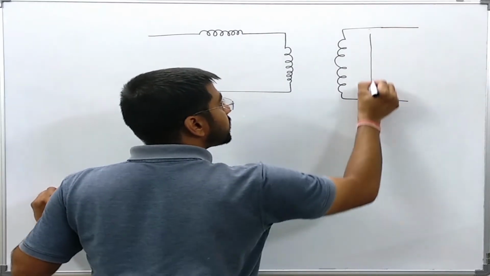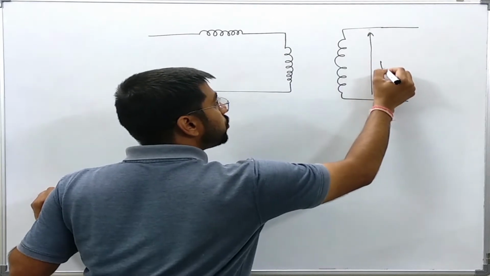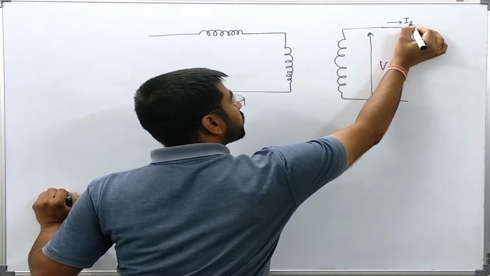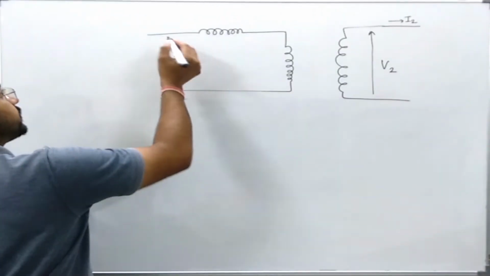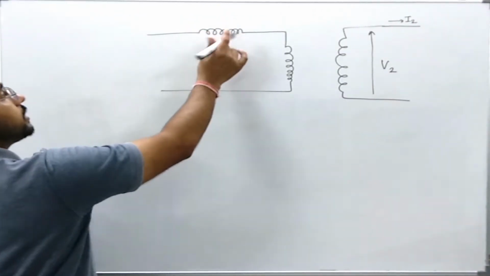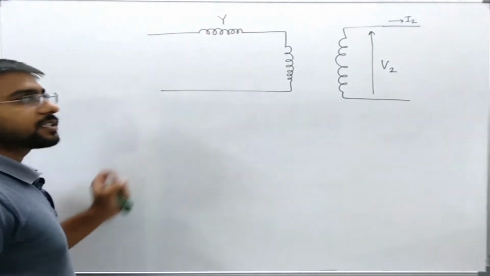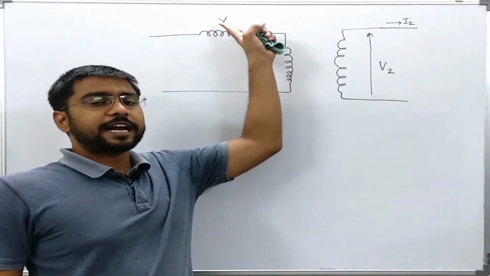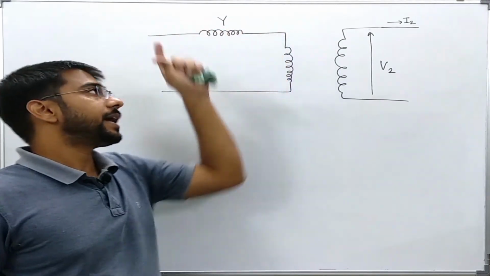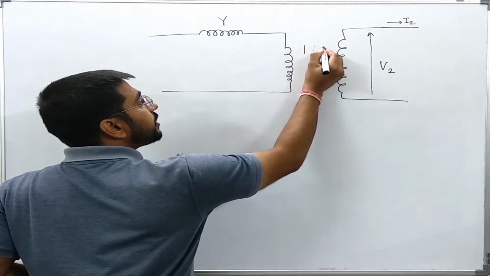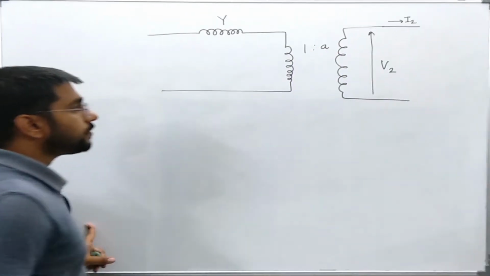Let us say this is the secondary voltage V2, this is current I2, and here this is the non-ideality or the leakage impedance. I have shown this in admittance form as Y. Now this off-nominal ratio is just 1:A.